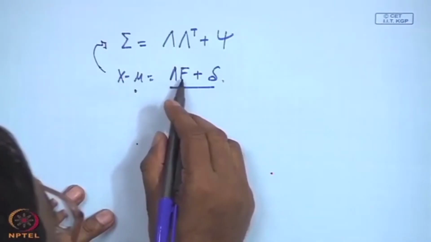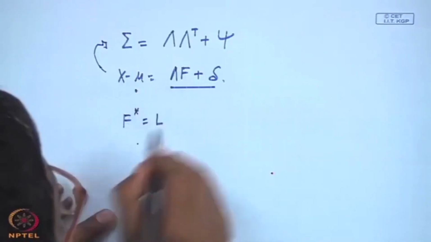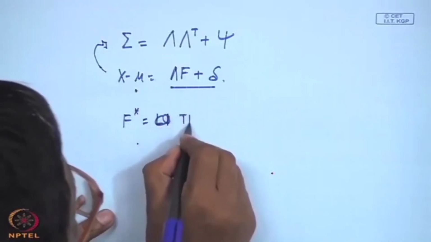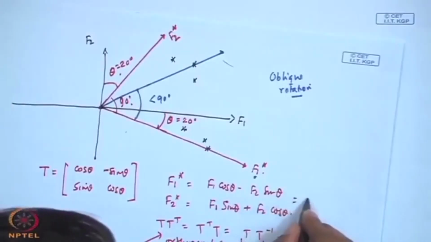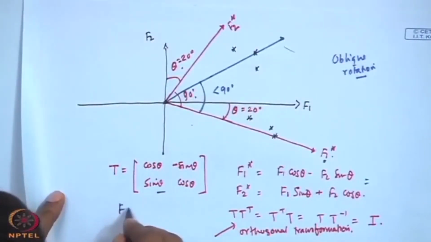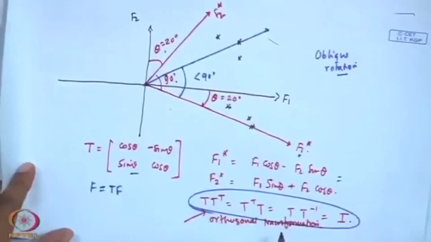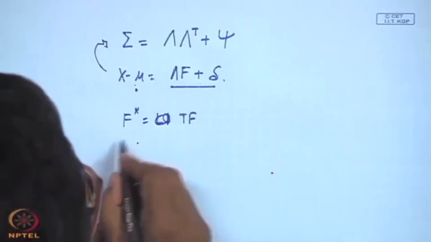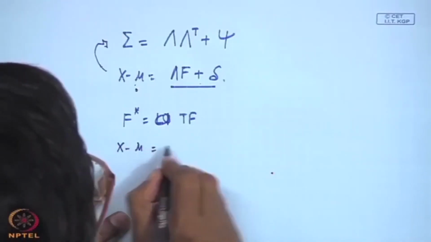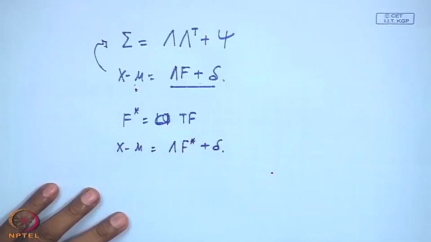Now, instead of this, if I say that f star is nothing but t f, because what you are doing here is replacing f with some other matrix t, where t has this property. Getting me? So, that means my model will change to x minus mu equal to lambda f star plus delta.